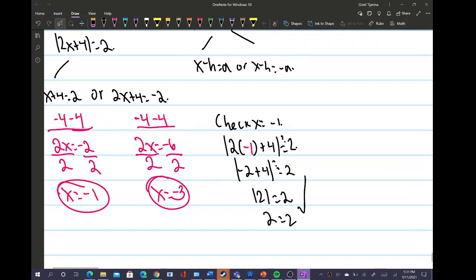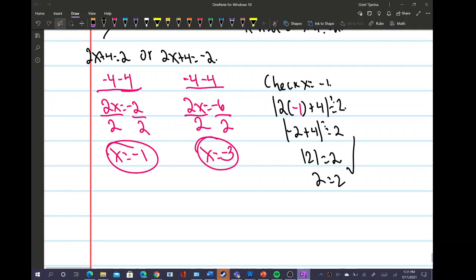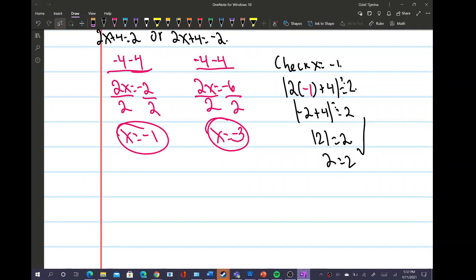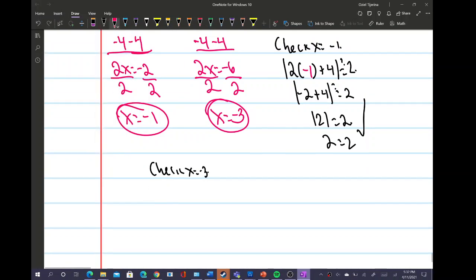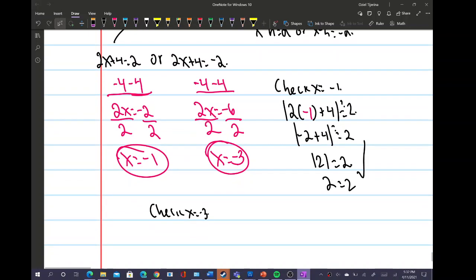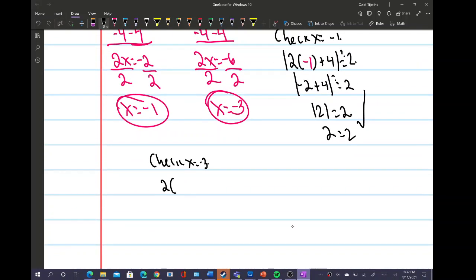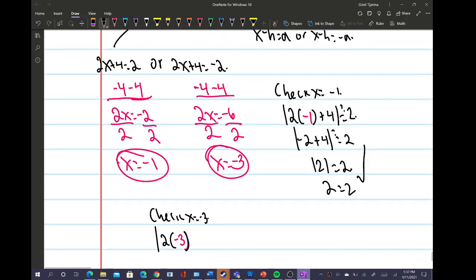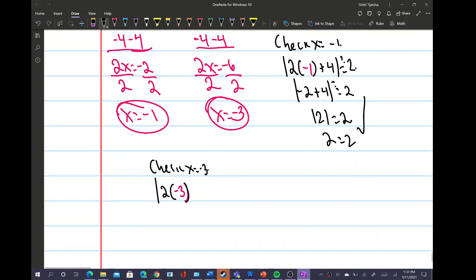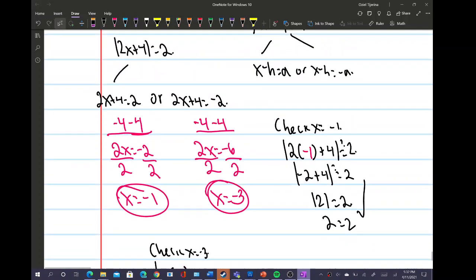And then for the other one, you got x equals negative 3. So you would say, okay, check x equals negative 3. You do the absolute value of 2 times negative 3 plus 4.